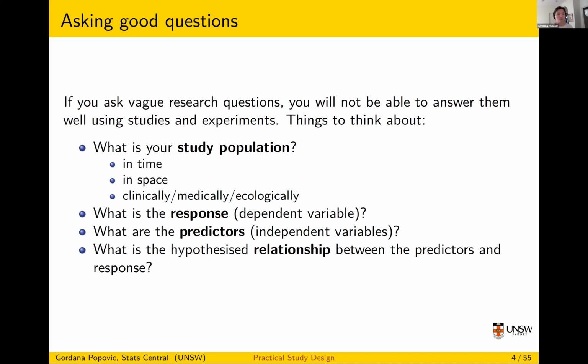Or if you're an ecologist, do you want to know about this particular species everywhere or just that species in New South Wales? You need to have a very specific idea of what your study population is, and also in time and in space.